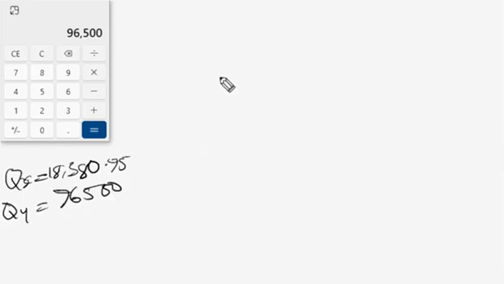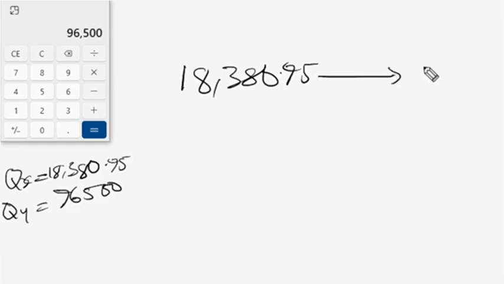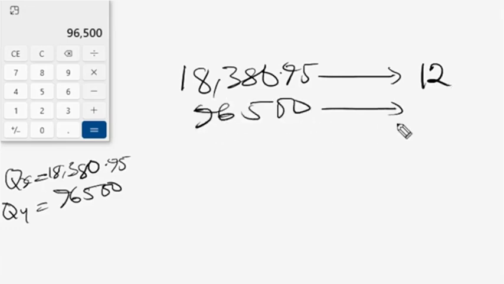So since the Q for x, which is 18,380.95, will require 12 naira, so this is 18,380.95. This charge actually requires 12 naira. So how much will 96,500 require? So we don't know, so let's call that x naira.